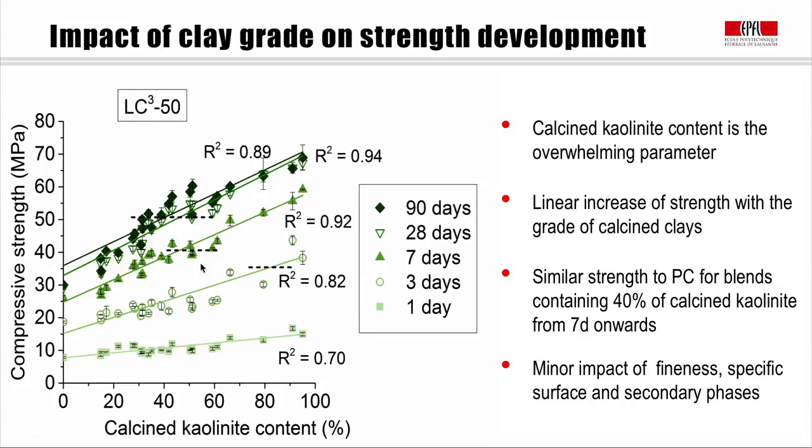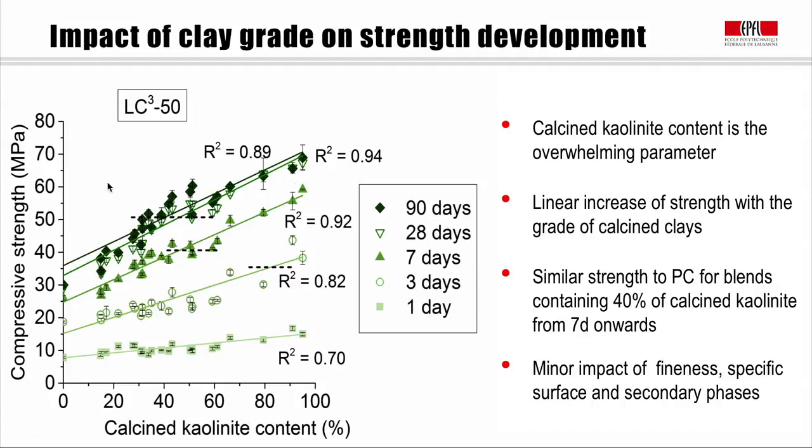But we calcined all of these. If they weren't calcined, we calcined these clays, and then we used them in the LC3 50 system and measured their strength in the European mortar bar test.